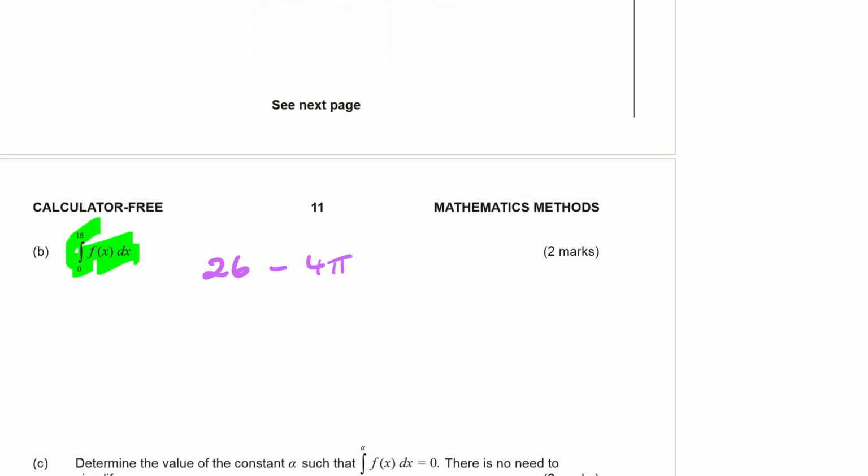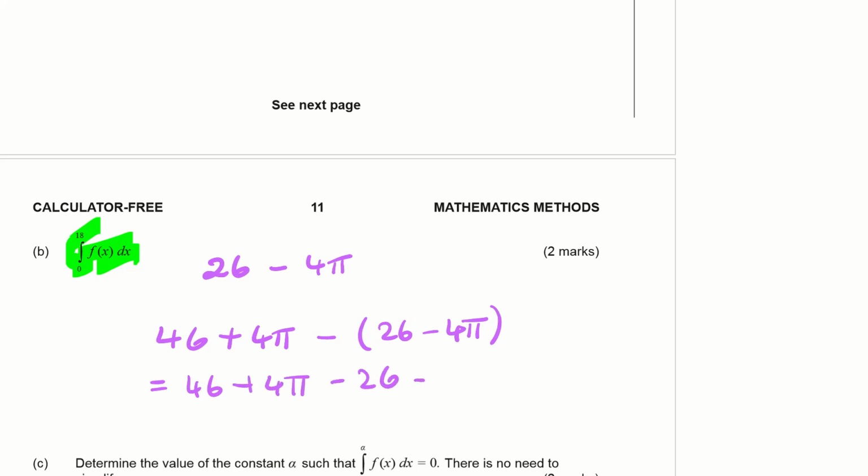So we need to take that area away from the area we had before. So that's 46 plus 4 pi, take away 26 plus 4 pi, giving me 20 plus 8 pi.